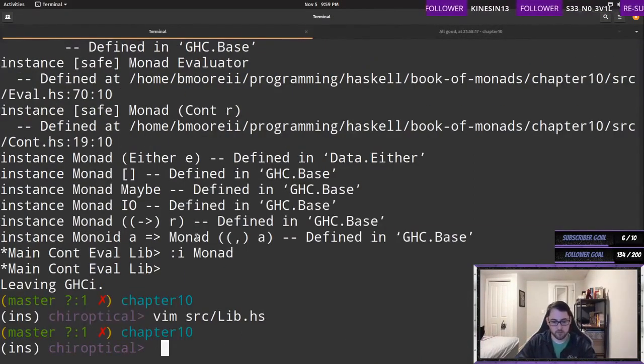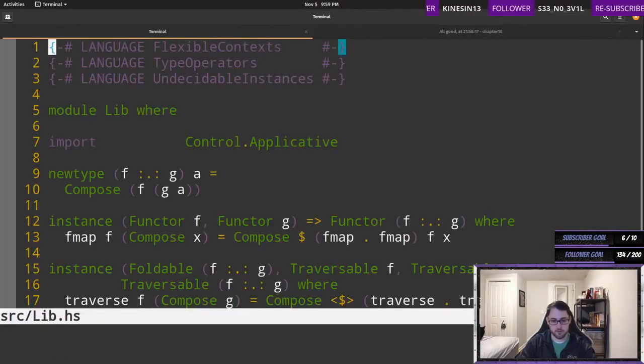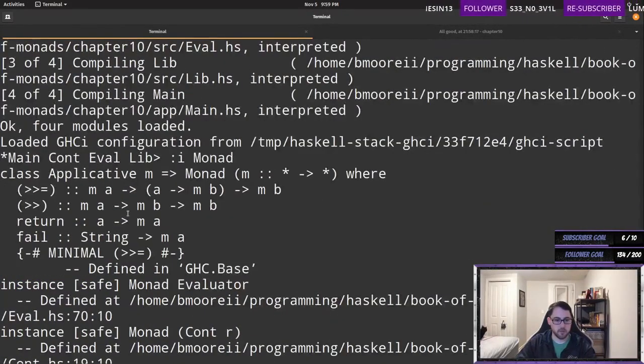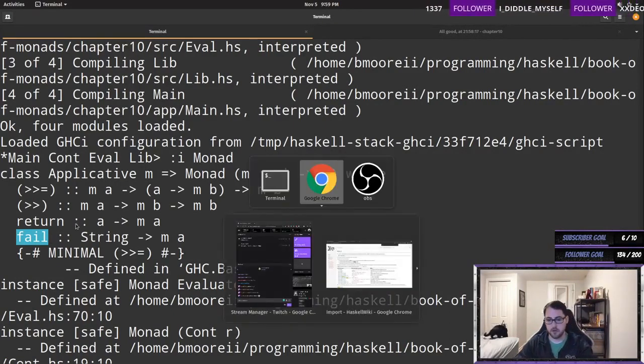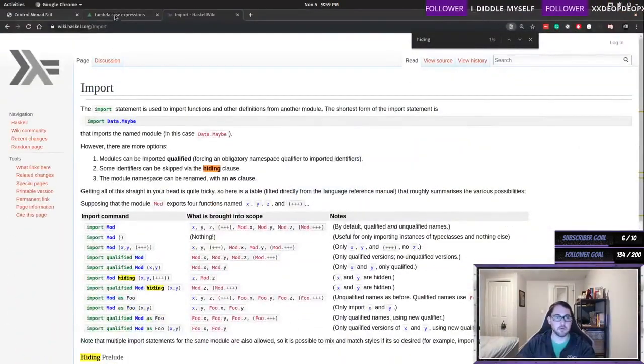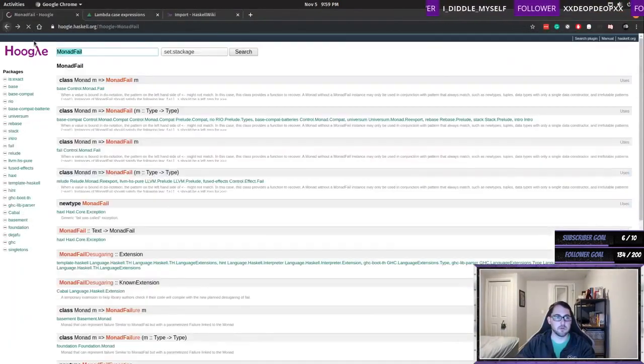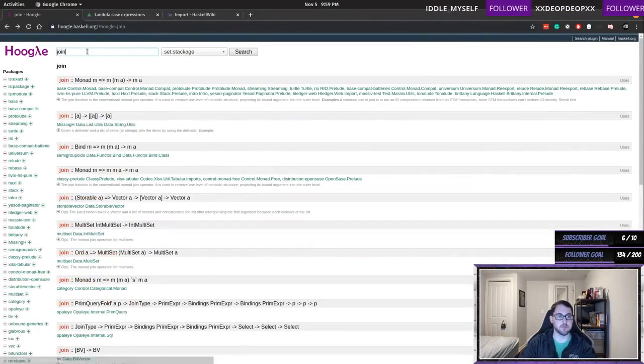That's what it was saying with Prelude's fail. So I can actually just implement fail. Learn something new every day, folks. What are you doing, crazy cat? He's crazy. Okay. I don't know where this join function comes from. Does anyone know? Join.